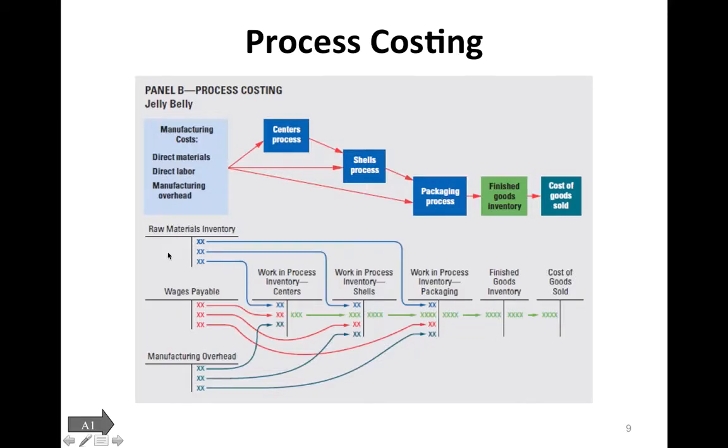So my direct materials, direct labor, and overhead are used in all of those three departments, and every department's WIP inventory has the beginning balance and then completed units for that department will be transferred to the next WIP, and only from the WIP for packaging, the finished product will go to finished goods inventory. So I hope it makes sense. Really, the difference is just we have multiple WIP inventory accounts.